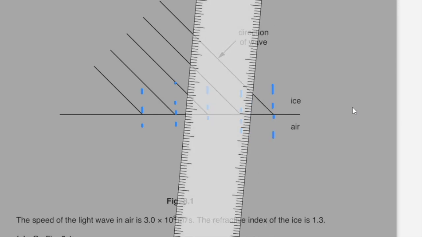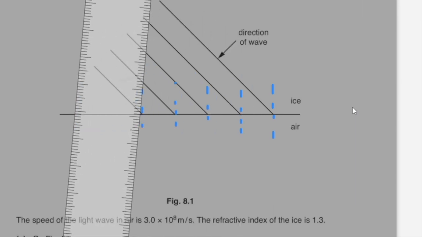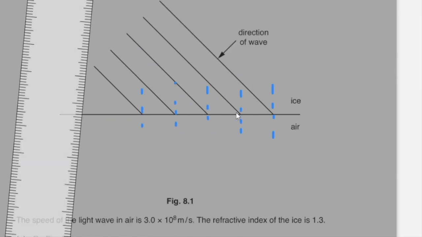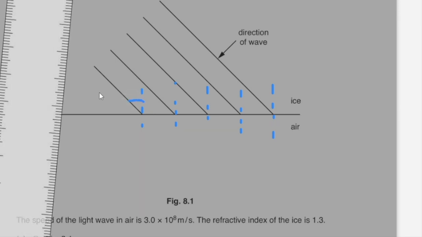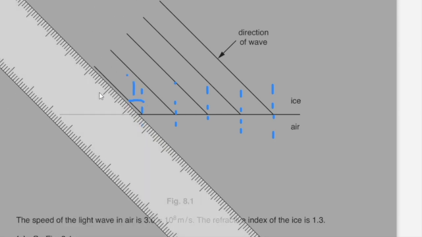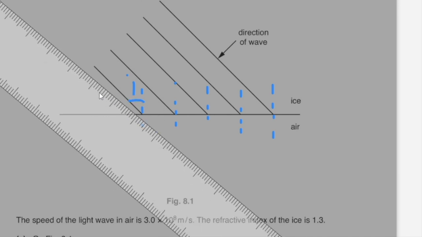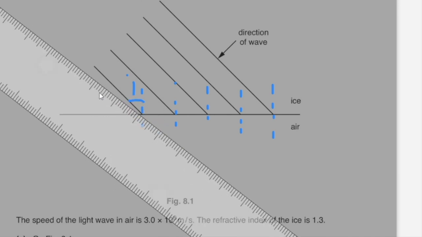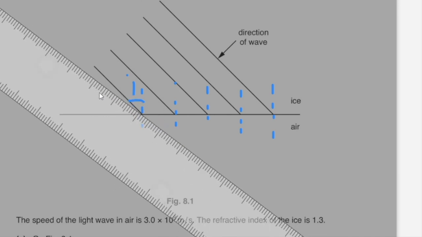Alright, so here I have my normals, and this is supposed to make the refraction easier for me. So here we have the angle of incidence. I'll just label it right now, incidence, and the refracted rays are supposed to be moving away from the normal, since this is traveling from denser to rarer medium.